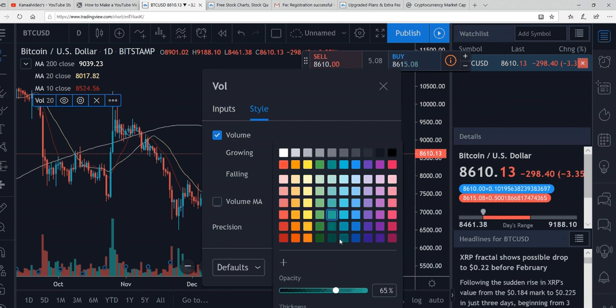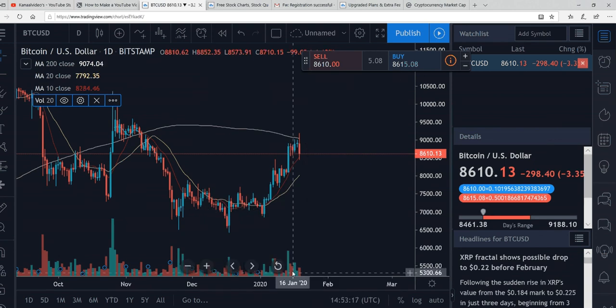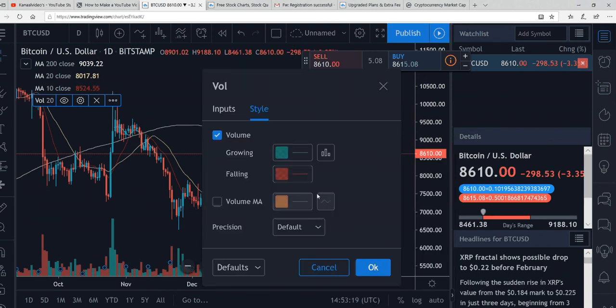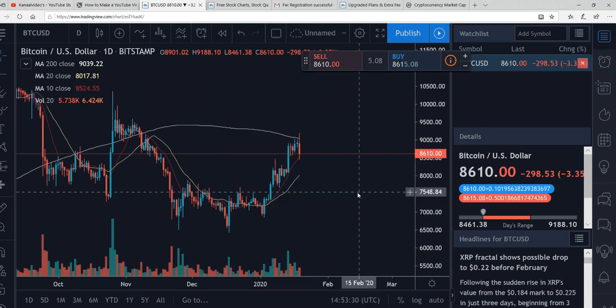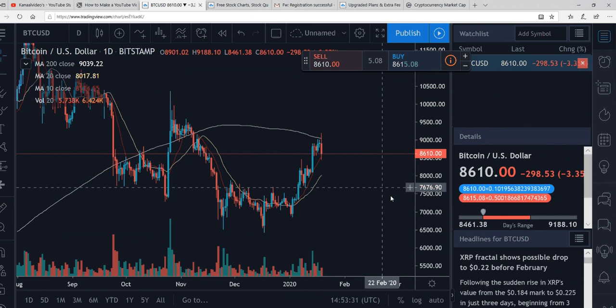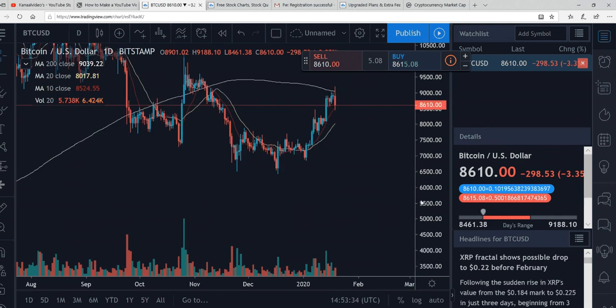I think the color is good. Excuse me, that was not supposed to happen. Then we go over to this one. Yes, it's good. Also adjust the opacity to 65, and then that's good to go. Okay, so over here the volume profile, of course.